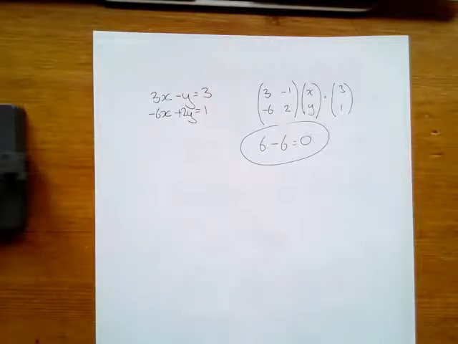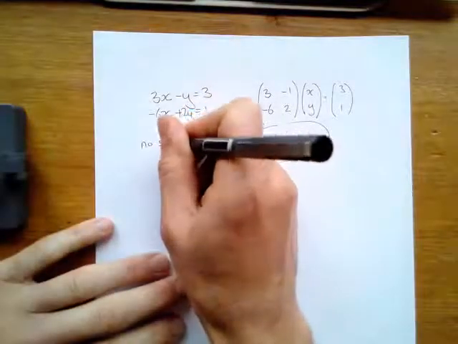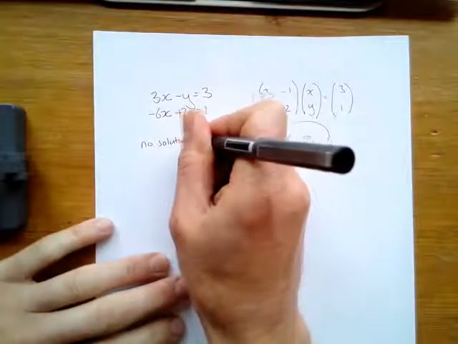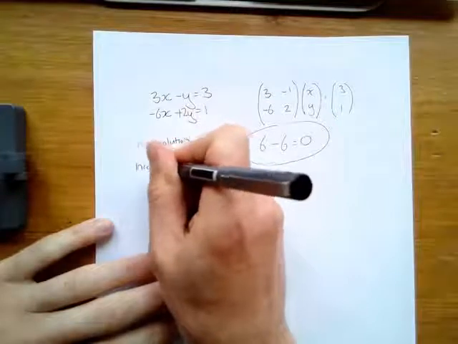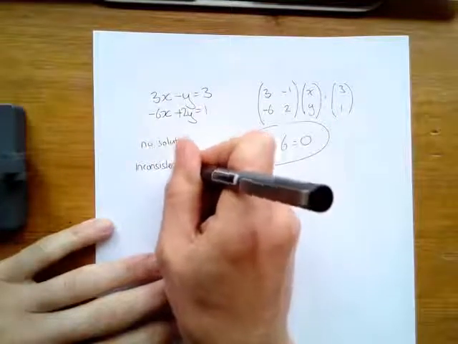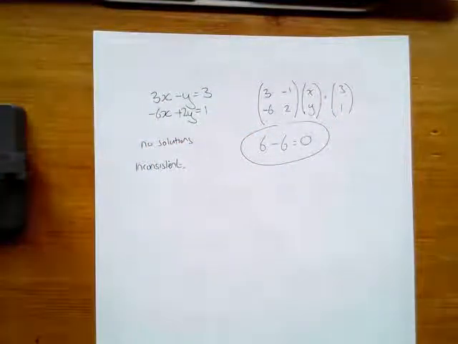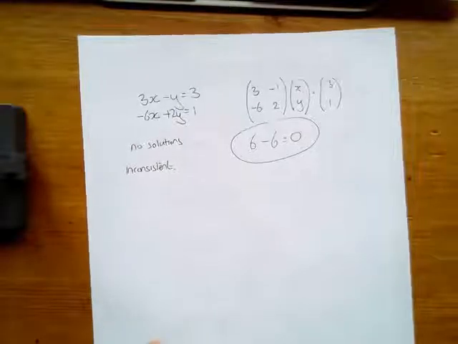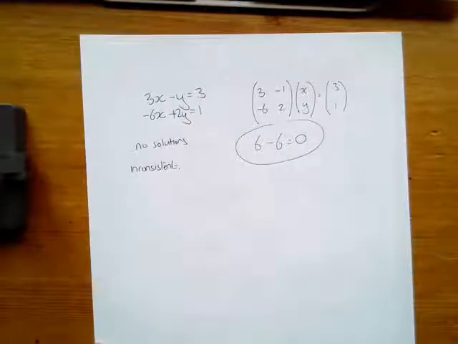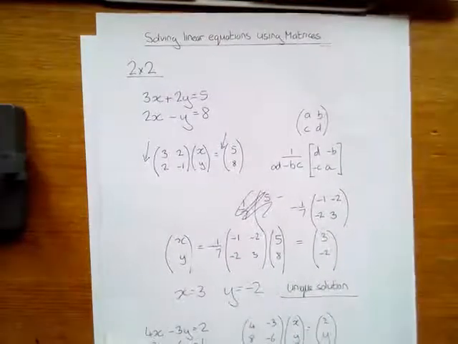There's not an infinite number of solutions, there are no solutions, and we say that the equations are inconsistent. So those are the three cases for the 2 by 2 situation.